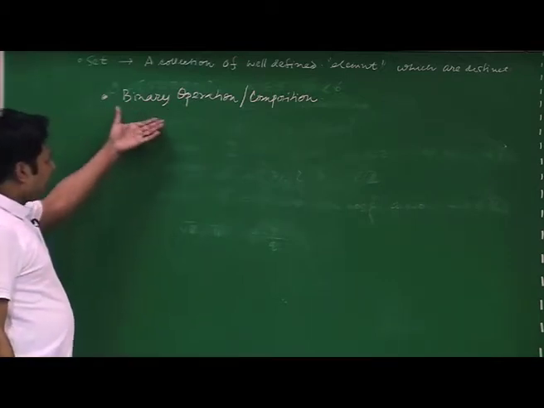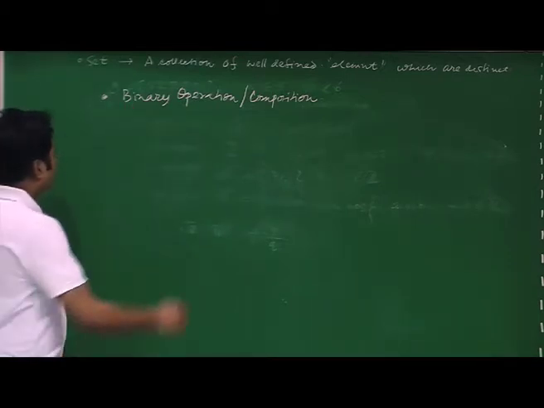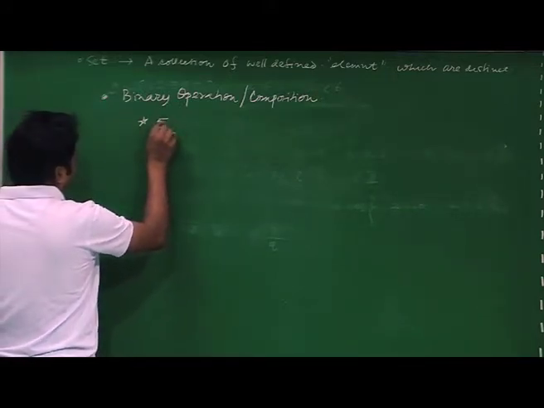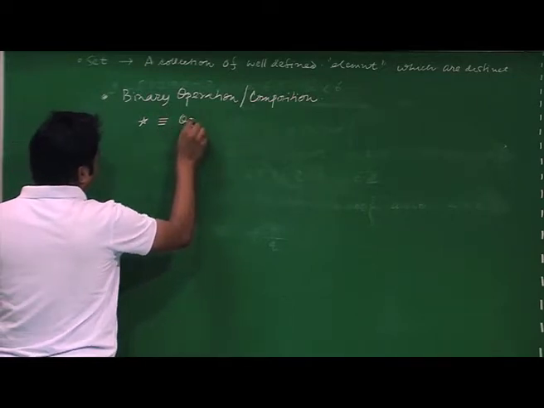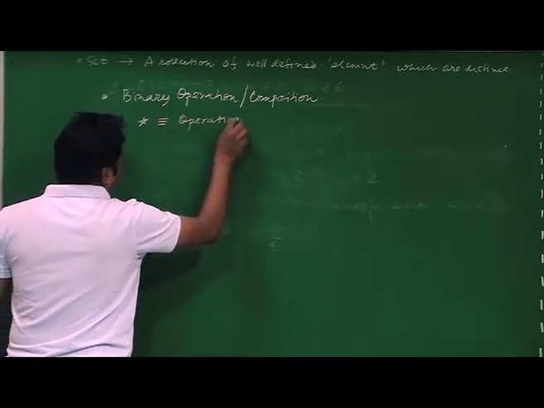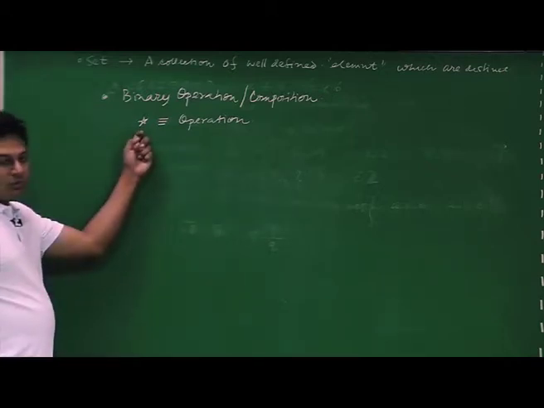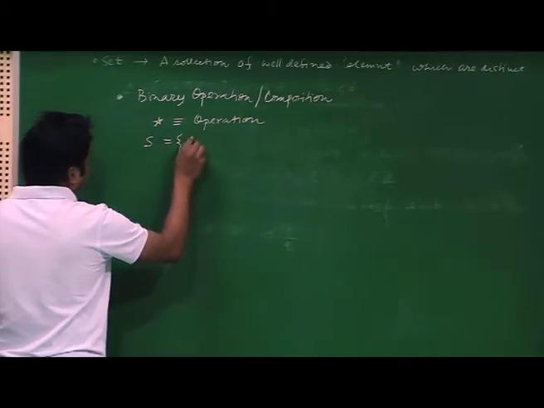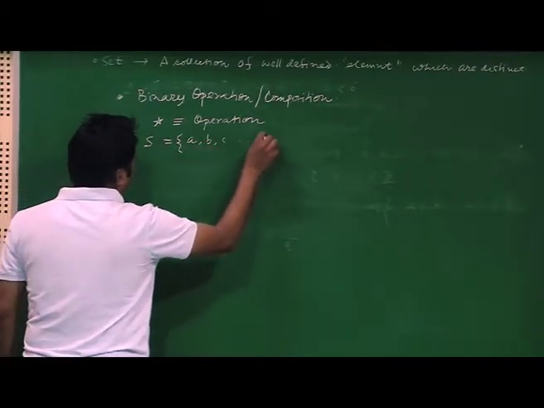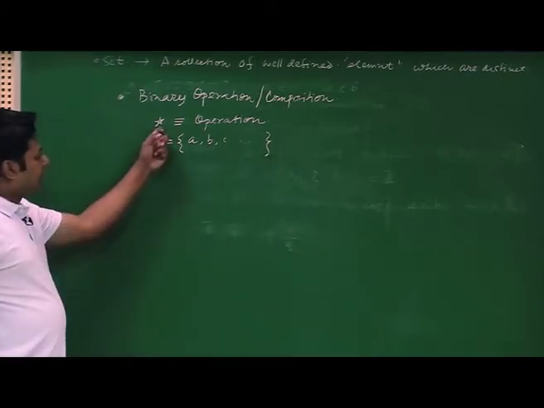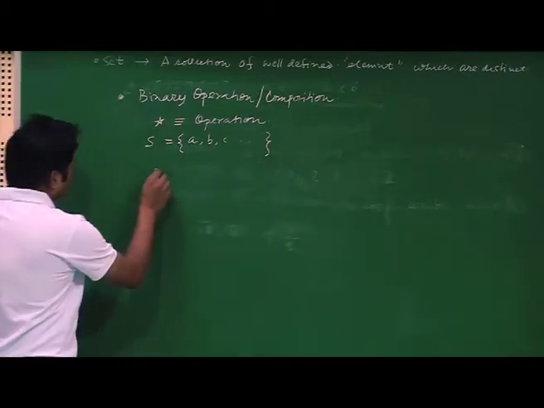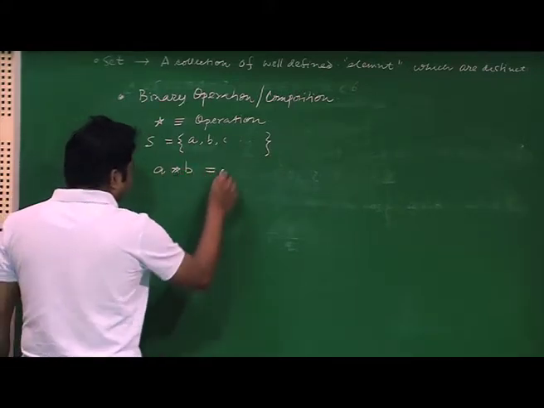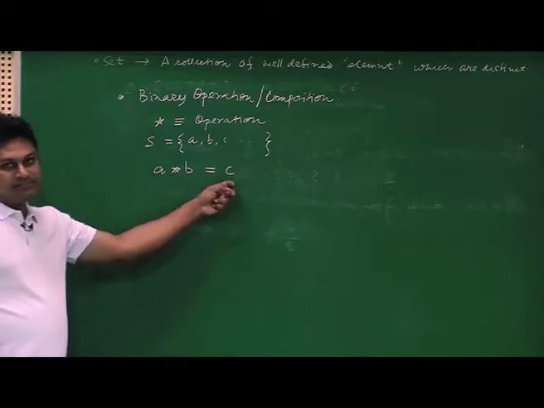The composition and binary operation are the same thing, which by definition says that if this star corresponds to some operation and I operate this star over two elements of a set, say a set has some elements A, B, C and so on, then A star B, I will get some other element C.